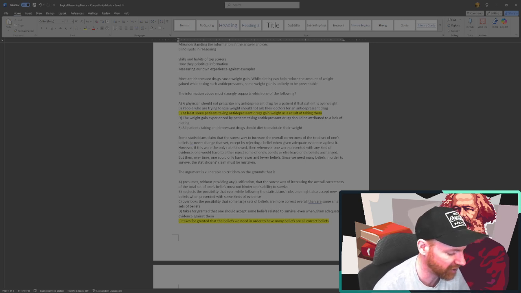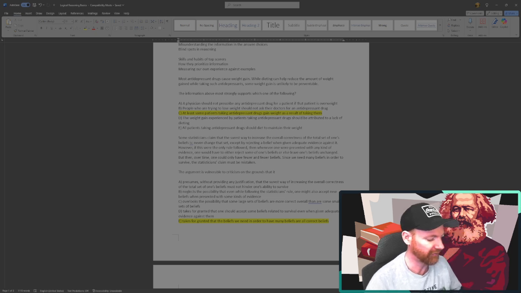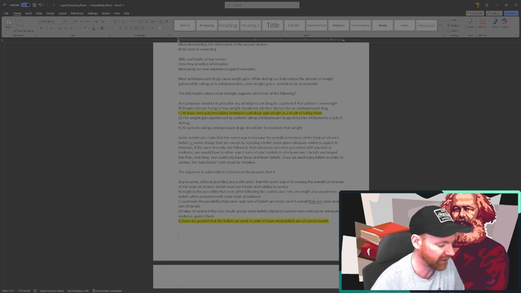Most antidepressant drugs cause weight gain, while dieting can help reduce the amount of weight gained. While taking such antidepressants, some weight gain is unlikely to be preventable. The information above strongly supports which of the following? Physicians should not prescribe any antidepressant drug for a patient if that patient is overweight.